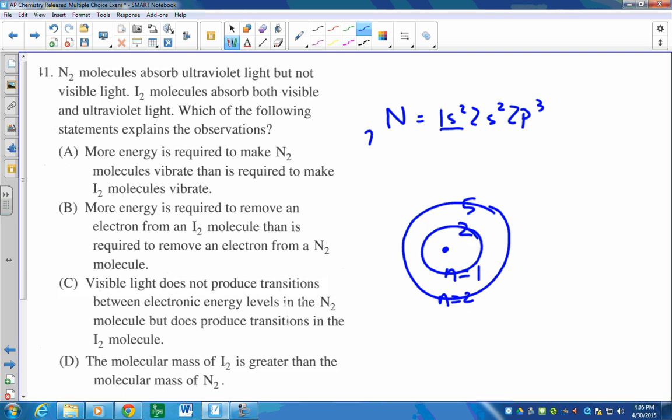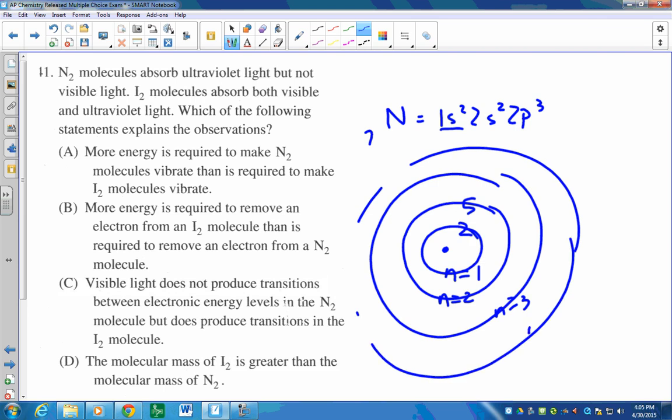So what happens is when we zap an atom with ultraviolet radiation, we do one of two things. Keep in mind there's an n equals 3 out here and an n equals 4 that are empty. We can zap electrons so that they jump up to empty energy levels, and then when they jump back down, they release energy.